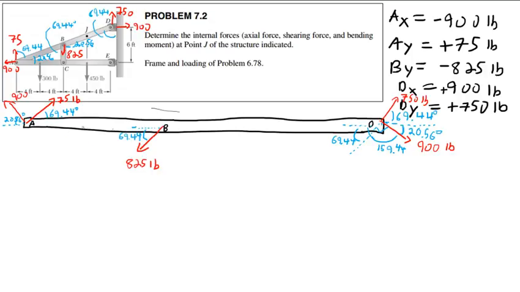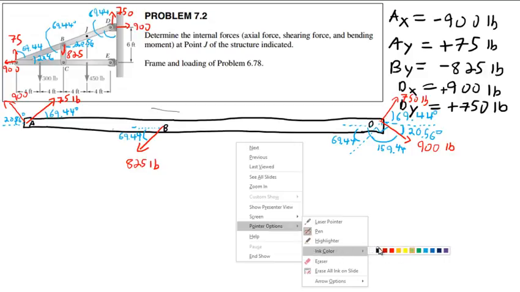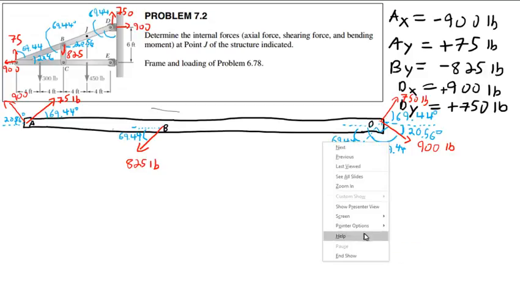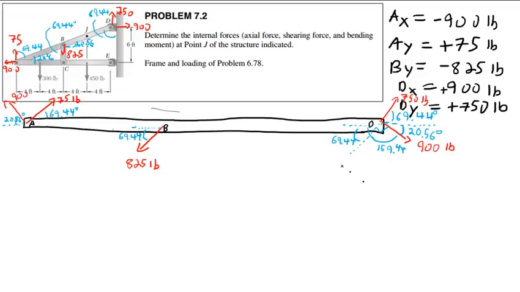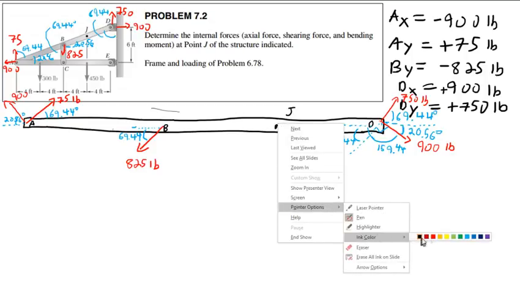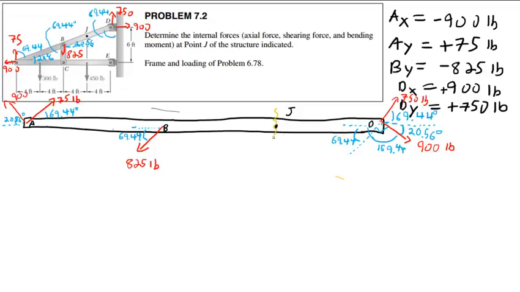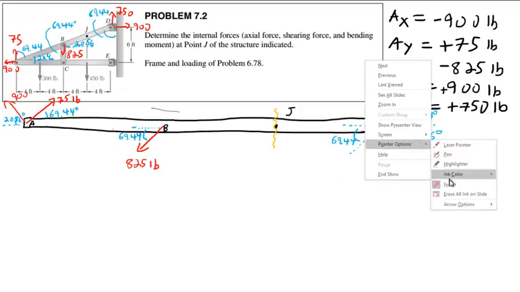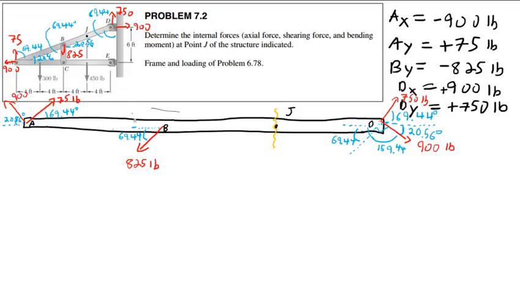So then I will write this down as, oh, let me put the, I need point J on here, because that's the point that I'm going to take a cut at. J. And that's going to be the point of our cut, so I'll just mark that with a little orange cut. Let's see, and then let me go ahead and put the dimensions on here.